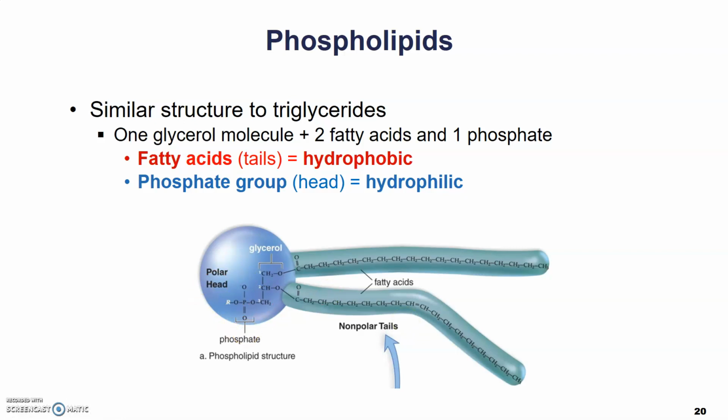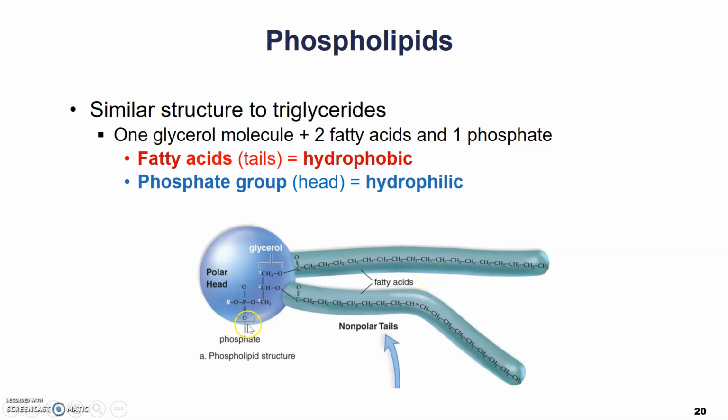And what that phosphate group does is it actually changes the chemical properties of this lipid. We recall from the beginning of this lecture that all lipids are hydrophobic. And that is true of phospholipids as well, except that hydrophobicity is localized only to the tails, or the fatty acids.